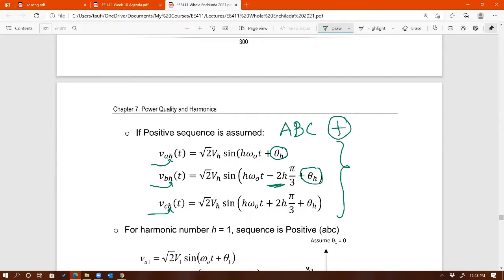So the first one, VA, is at 0 degrees. And then the second one is at minus 120 degrees, minus 2 pi over 3, that's VB. And then the last one is plus 2 pi over 3, that's plus 120 from A. So that's your VC. So that's how I know that we are going to start with positive sequence.